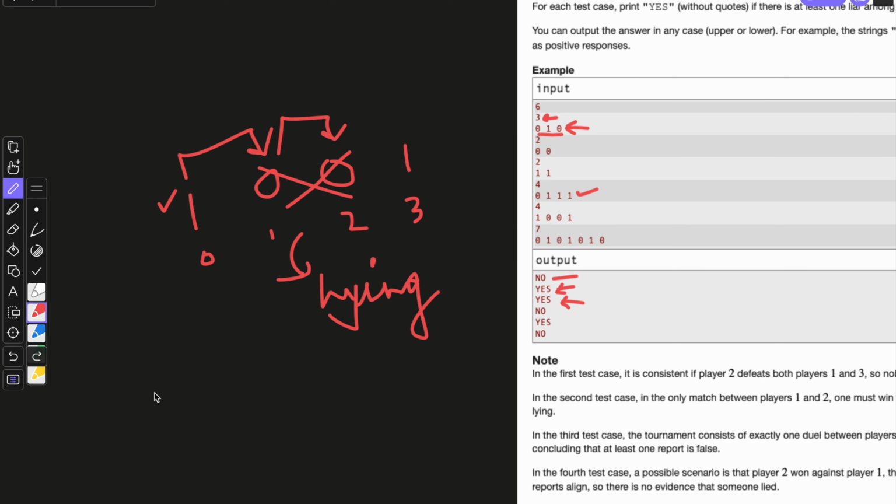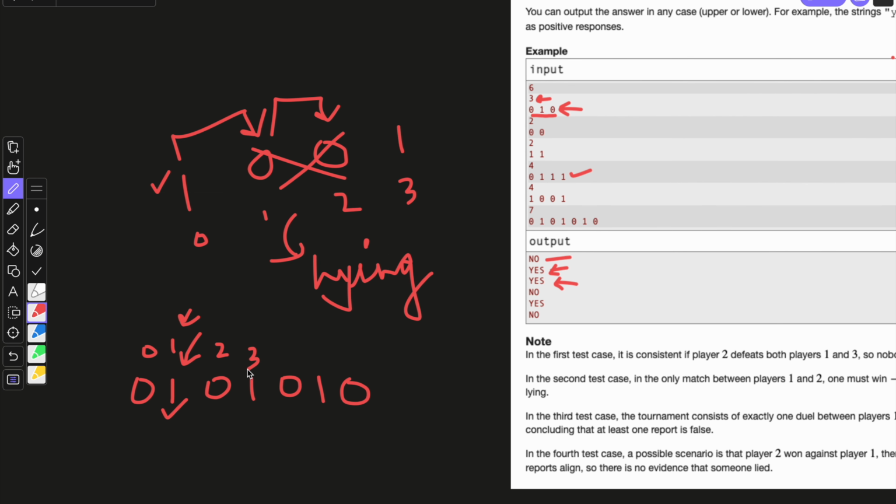Here we have 7 players, 0 1 0 1 0 1 and 0. Okay, so here player 0 fights with player 1 and player 1 wins. Player 1 fights with player 2, and it can happen that player 1 wins, because 1 shows that the player has won at least one time. So it can be 1 and it can be 2 times also.